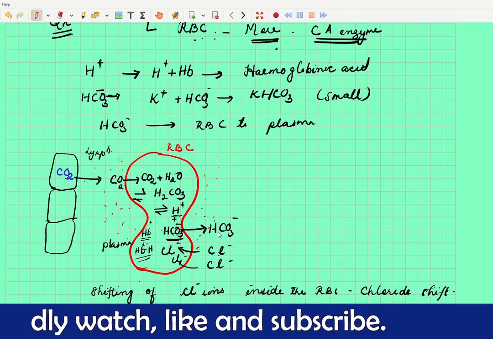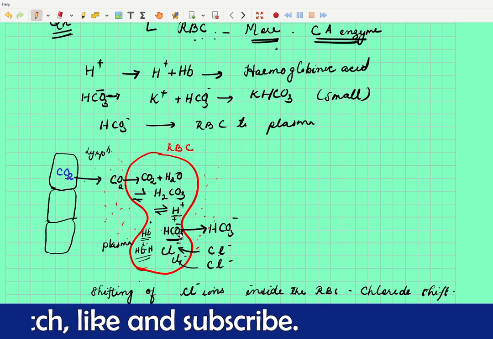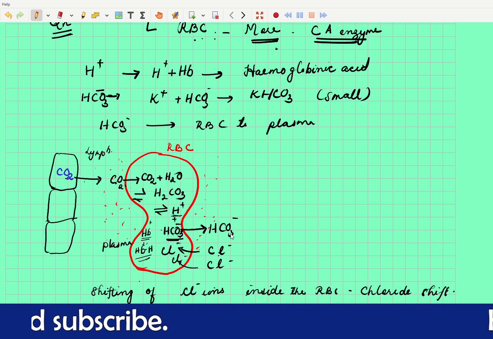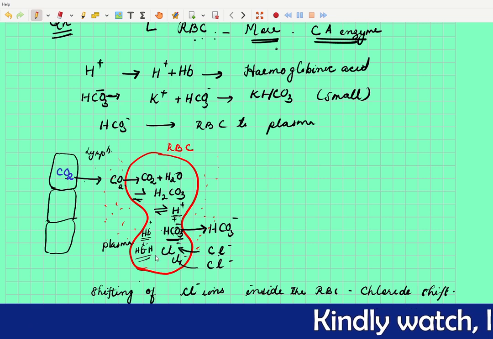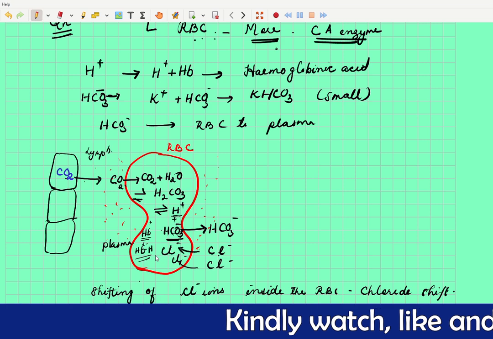While transporting towards the lungs, this bicarbonate shifts towards the plasma for maintaining the negative and positive ion concentration. Chloride ions shift inside the RBC, and this shifting is known as chloride shift.